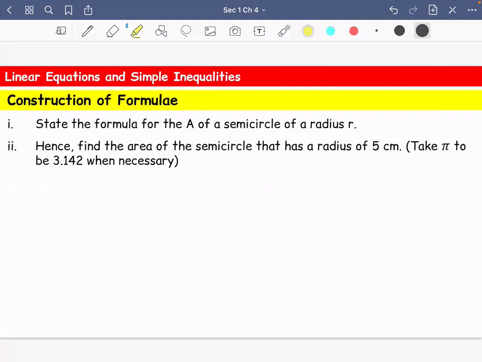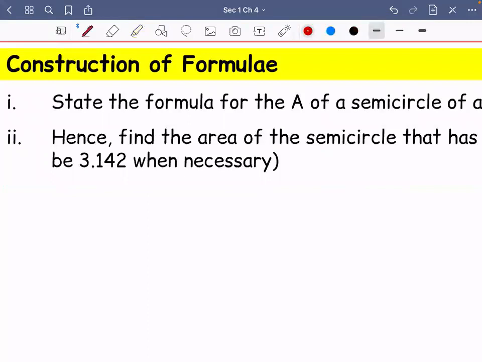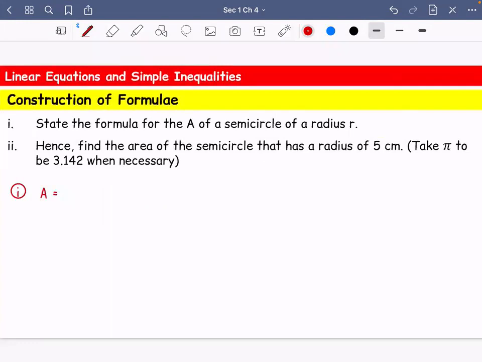All right, now, have you studied the area of a circle? What is the formula for getting the area of a circle? Anyone? You have an idea? So the area of a circle is equal to what? Circle first.